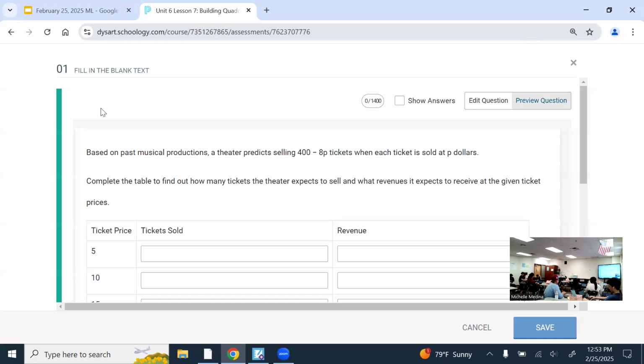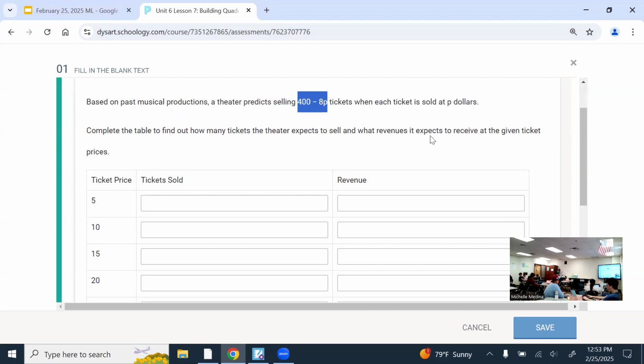Others, we're on lesson 7, number 1. Based on past musical productions, a theater predicts selling this expression tickets when each ticket is sold at P dollars. Similar to what we did in the notes, but we're going to complete the table to find out how many tickets the theater expects to sell and what revenues it expects to receive at the given ticket prices.